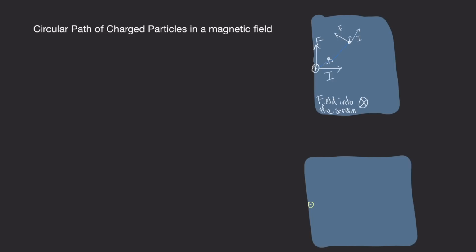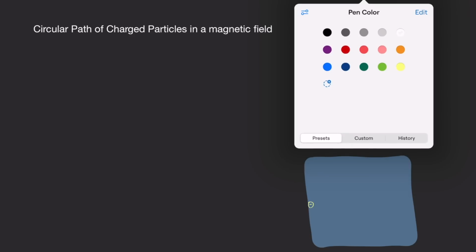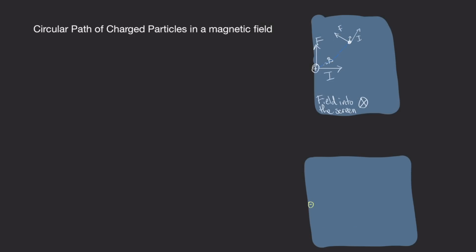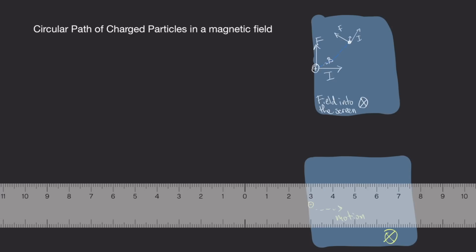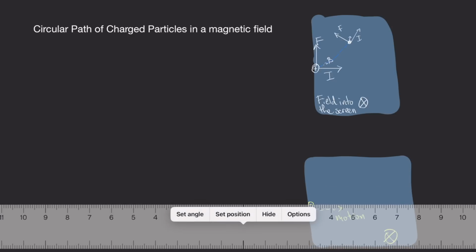Now, very interestingly, what if the particle was negative? So we have this tricky point where the direction of conventional current in this case is opposite to the direction of motion. So let's see, maybe I'm going to draw the motion just like this in a line. Well, this is not the direction of conventional current, and in Fleming's left-hand rule, we're going to take the direction of conventional current. We're still going to have the magnetic field, which is into the board, but now our current will be going the opposite way.